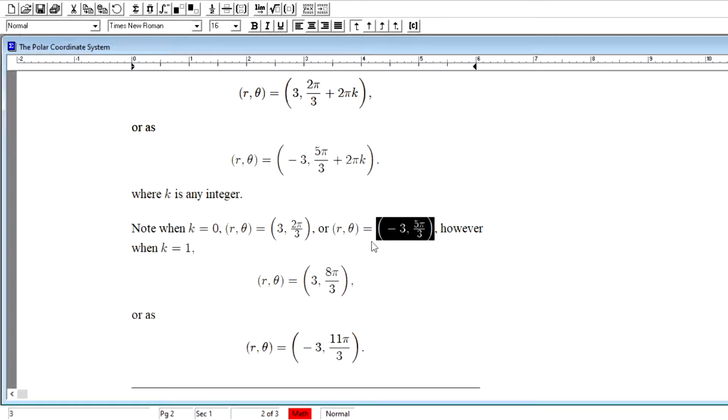One for the negative direction, r being negative 3 units at an angle measurement of 5 pi over 3, and then the cases where we consider being 1 revolution in either the positive or negative direction from these 2 angle measurements. That would be given by 8 pi over 3 or 11 pi over 3.